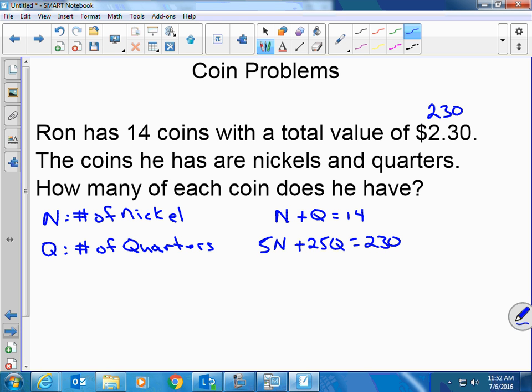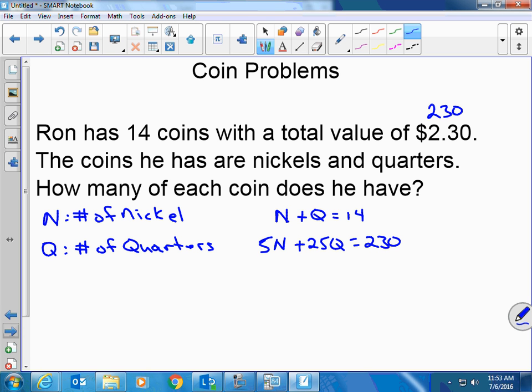Okay. The number of coins is one equation. The value of coins is the second equation. That is a very common setup. One talks about the number of, the other talks about the value of.